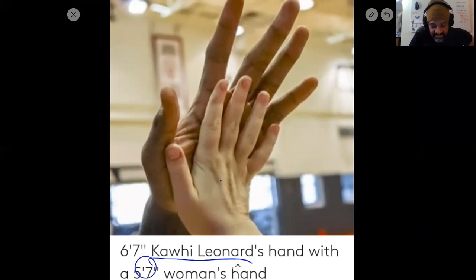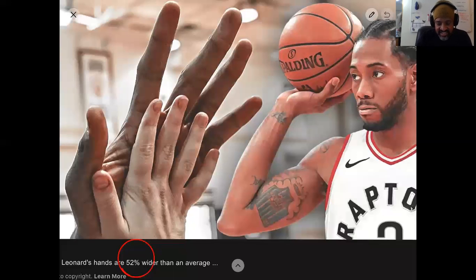She is 5'7", and he is 6'7". But look, man, his hands are humongous. So his hands are not proportional. In fact, Kawhi's hands are some of the largest hands. They're not proportional to the rest of his body. They're 52% larger than the average guy's hands.